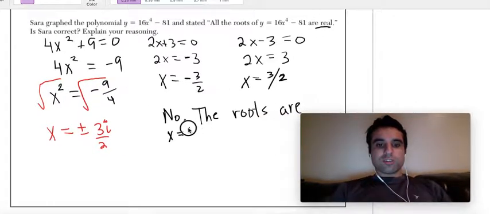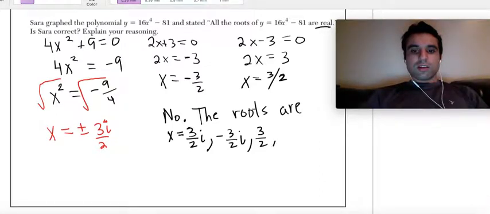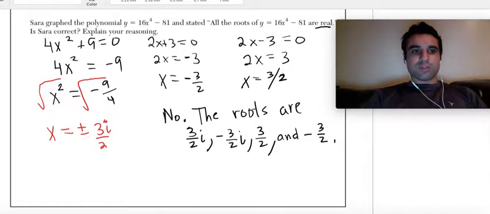So it becomes 3 over 2i, negative 3 over 2i, 3 over 2, and negative 3 over 2. We'll just say the roots. We don't have to say x equals.